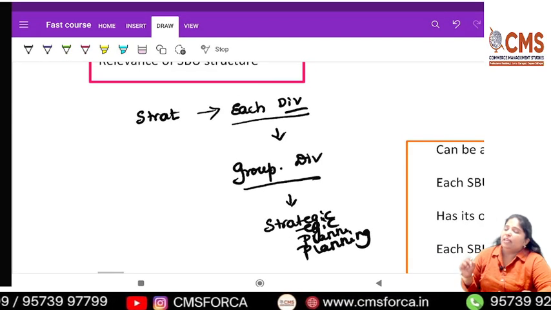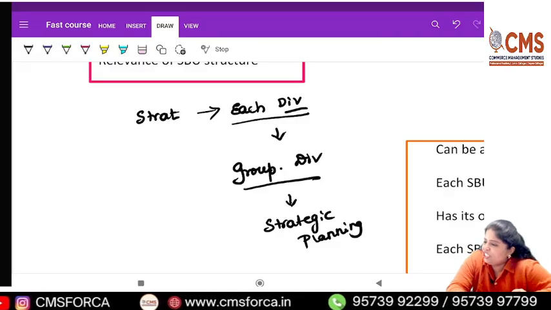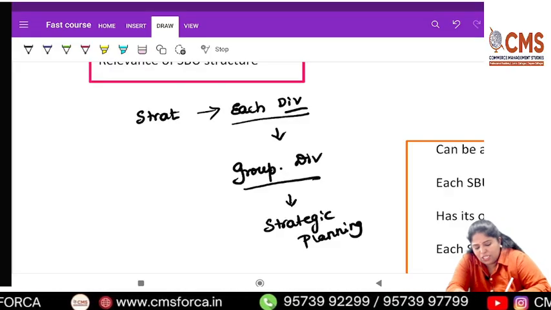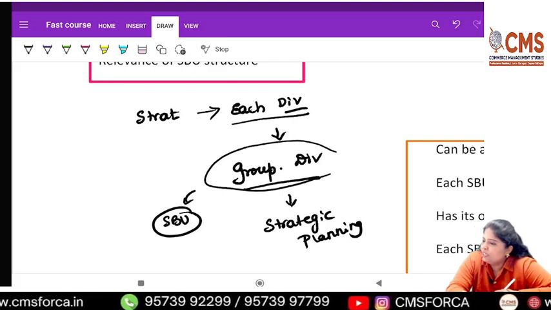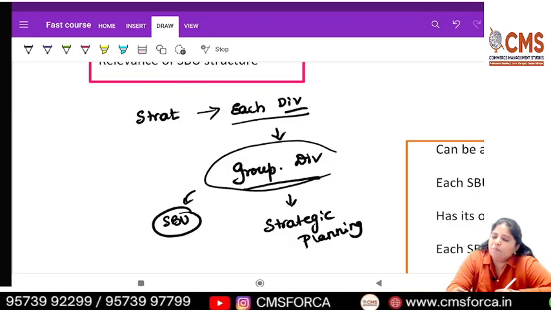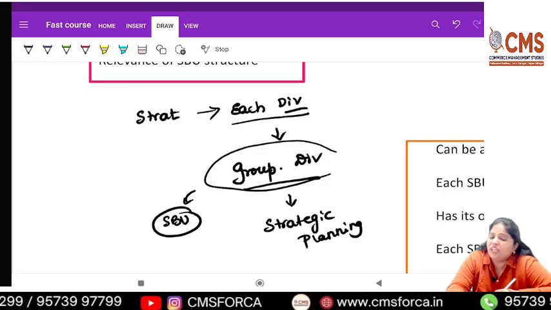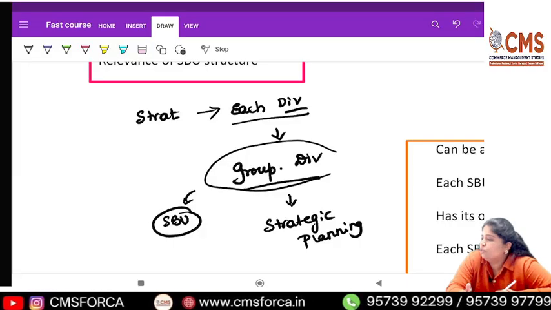Don't you think it's far easier than making strategies for each division? Each group of divisions we can call a strategic business unit. And hence a strategic business unit divides a very large organization into manageable business units.